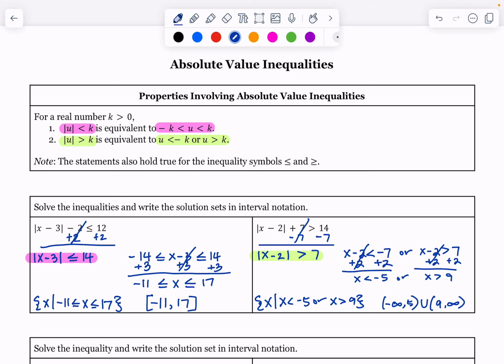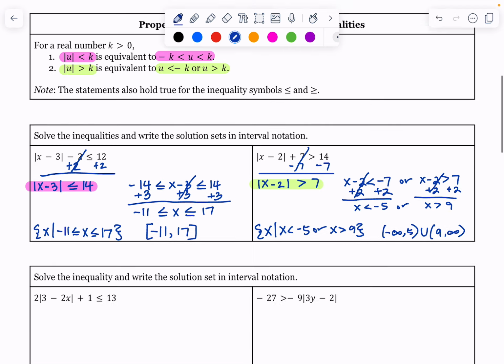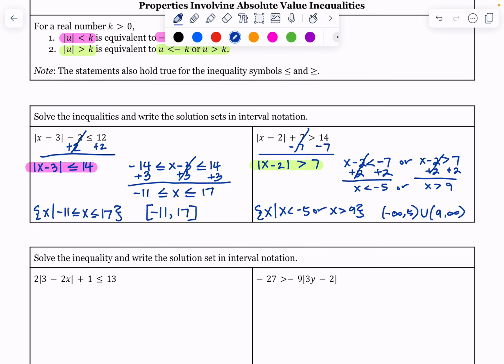And really quick, on a number line, what that would look like. It wasn't the question, but if we were to sketch these, this one would go from negative 11 to positive 17. These are both filled in circles. And right here, x is between the two numbers, so we're going to shade in between.